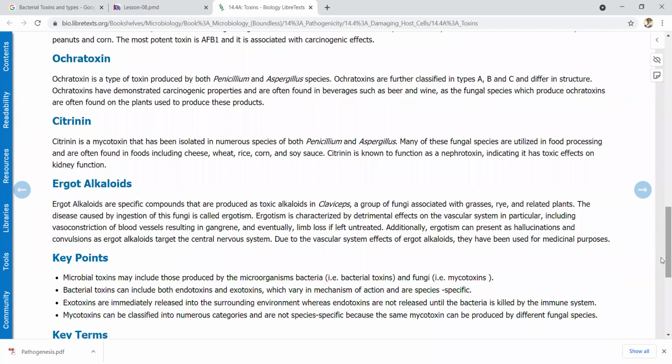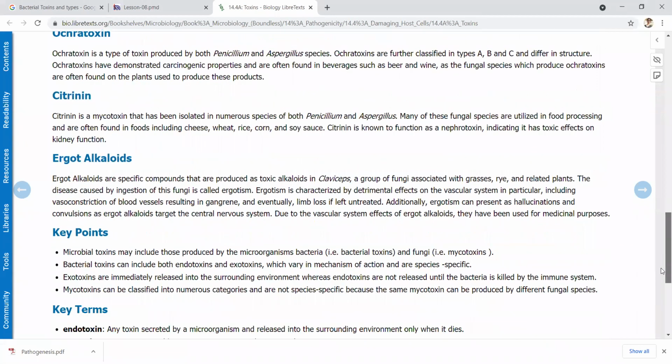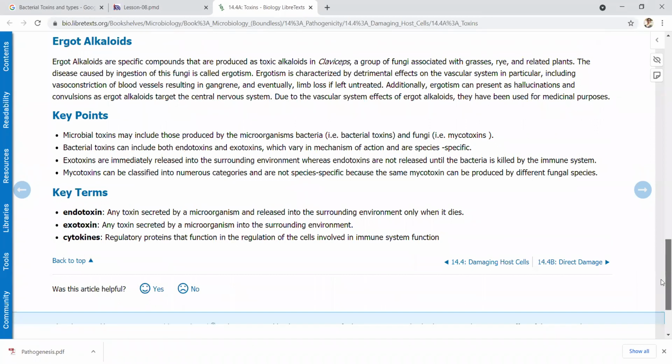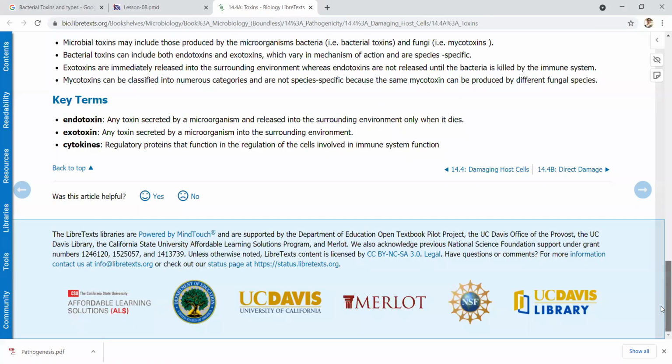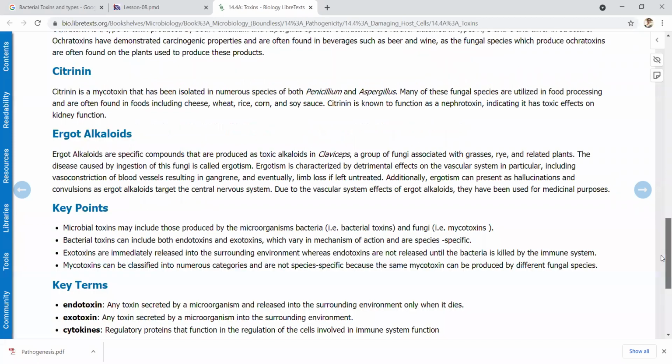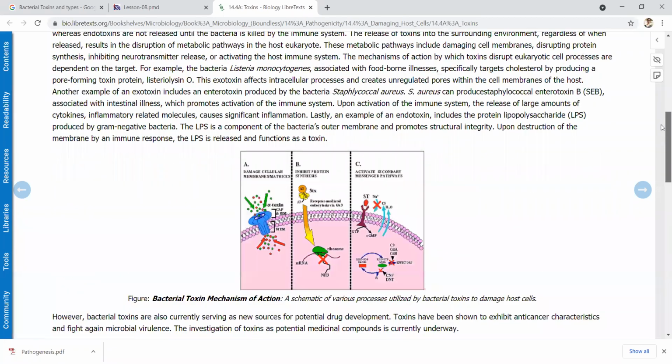You will find several others, but these are a few of them. You will study these mycotoxins in detail in your mycology class.